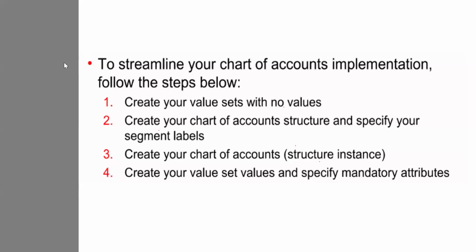Once you have created that, you can configure the structure instance as well. After that, you can deploy the entire enterprise structure. After the deployment is complete, you can add the values at the value set level.